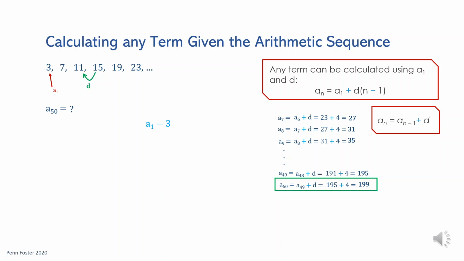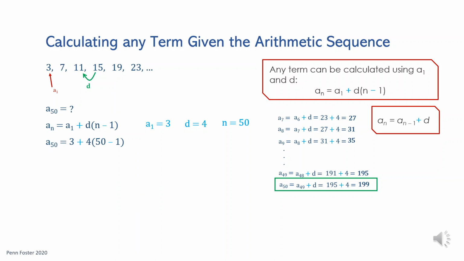You can choose to use any other 2 consecutive terms. D is 4. Since a sub 50 is to be calculated, then n equals 50. Next, plug in the values of n, a sub 1, and d in the formula.